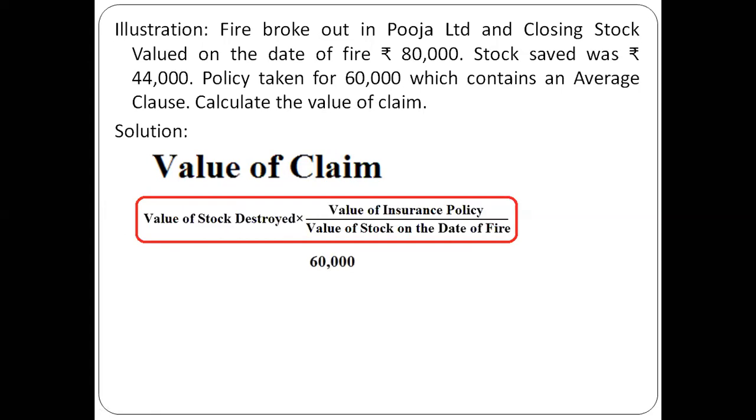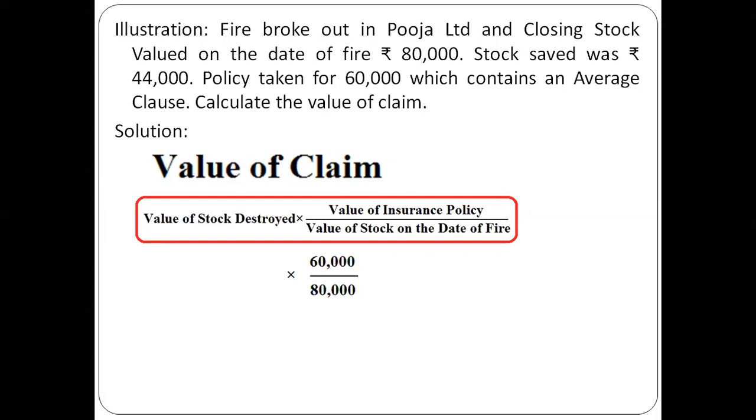So we have the value of insurance policy, 60,000, so the numerator will be 60,000. Then we take the denominator 80,000, that is the value of stock on the date of fire. This fraction should be multiplied with the value of stock destroyed. We don't have the value of stock destroyed, so how to calculate it?